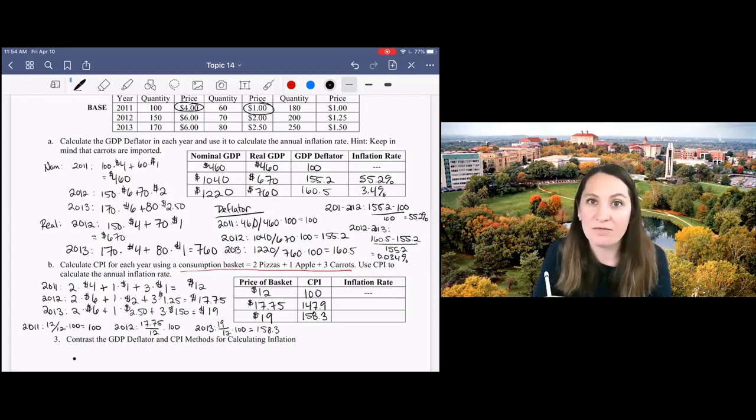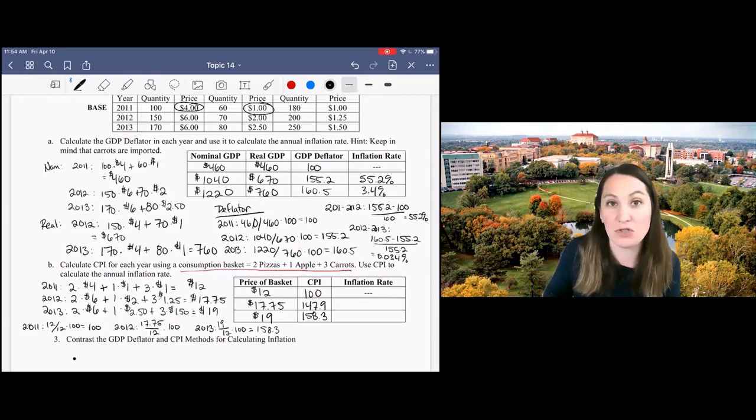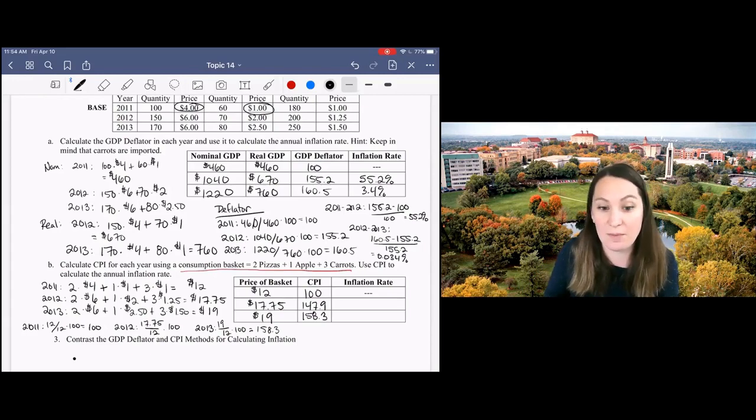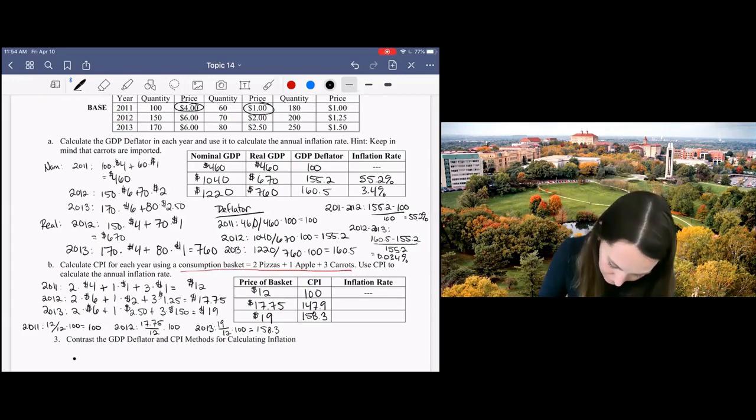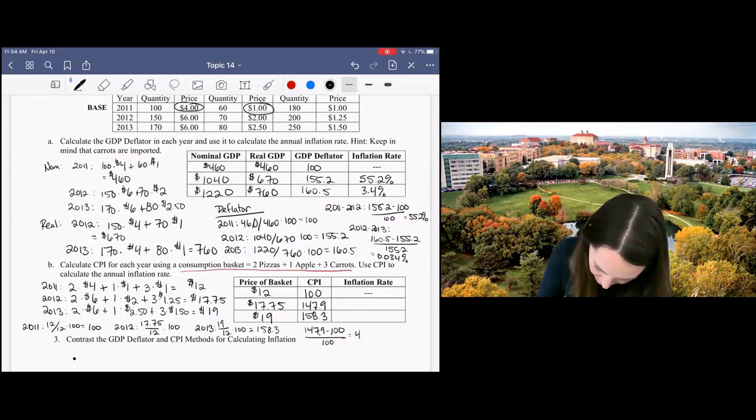We calculate the inflation rate by finding the percent change in the price index. So in this case, we're going to do new minus old over old using our CPI. So for 2011 to 2012, we've got 47.9% inflation rate.